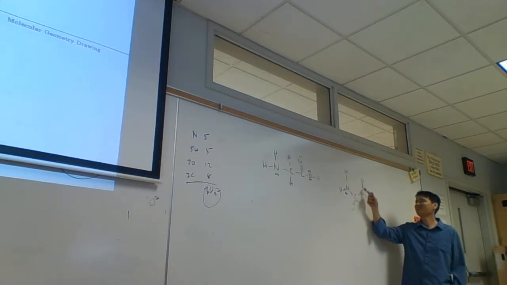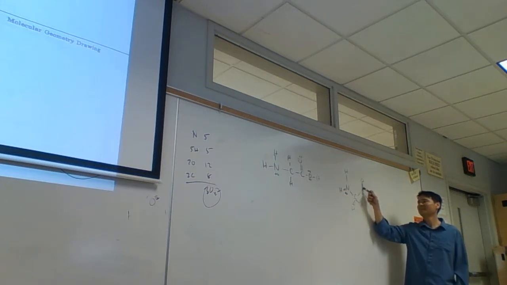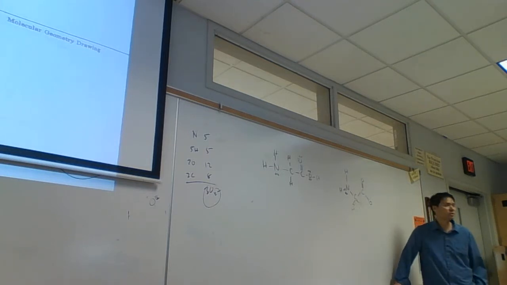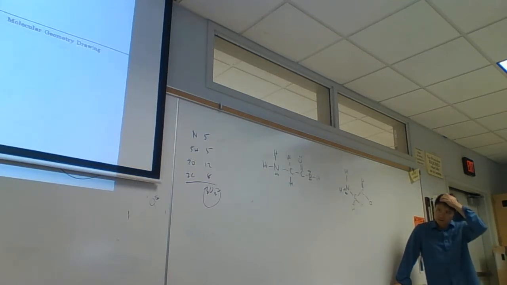Is the atom geometry the same as the set or group geometry? Yes, it is. And so the molecular geometry is also trigonal planar. So it's trigonal planar, set and group, or molecular.